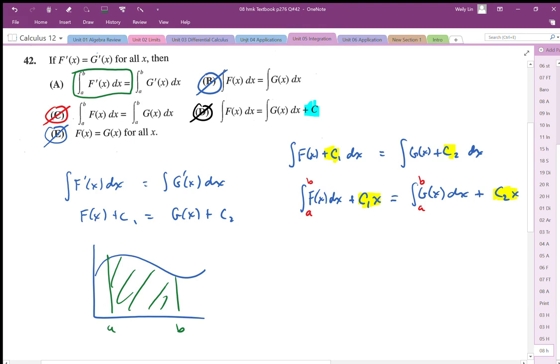So this is f slash g prime of x. The area under the f prime graph is equal to the area under the g prime graph from the same bounds because that curve is exactly the same. So because of that fact, we know that the answer must be A. That's the only possibility that doesn't have any contradictions.